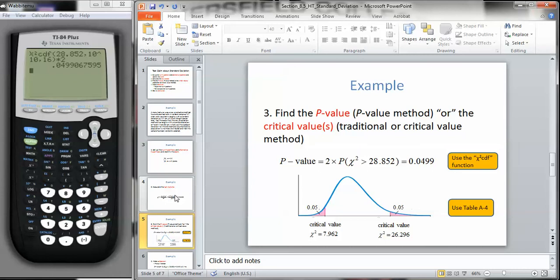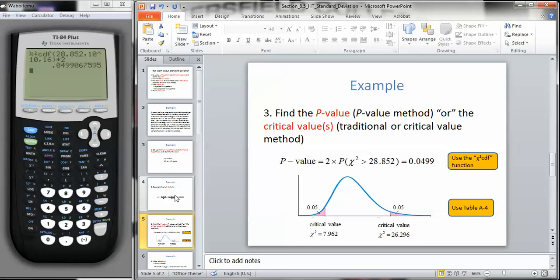What you can do is go to table A4 and look at the row where the degrees of freedom is 16. Then see whether your test statistic, in this case 28.852, is closer to the right side or the left side of the table.